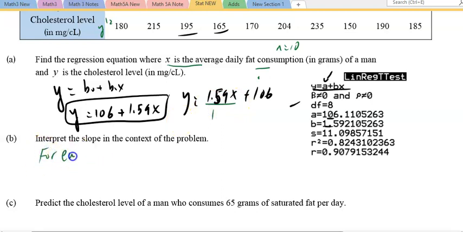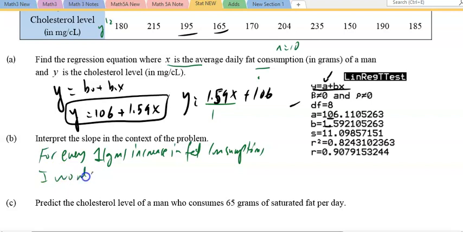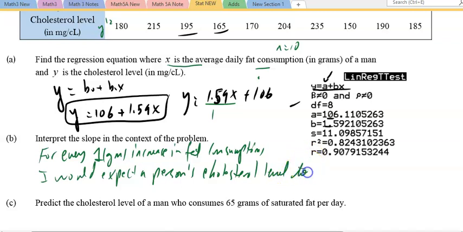For every 1 gram increase in fat consumption, I would expect, since it's positive, a person's cholesterol level to increase by 1.59 milligrams per centiliter.